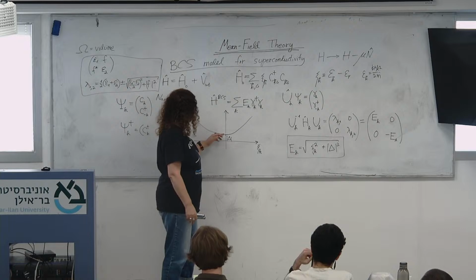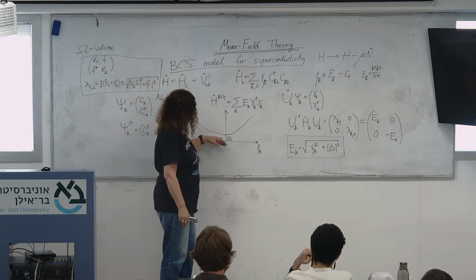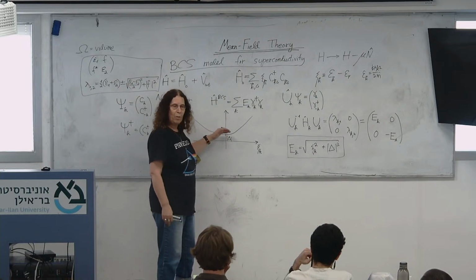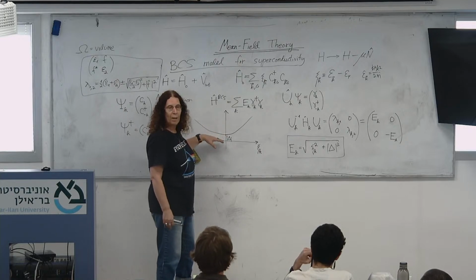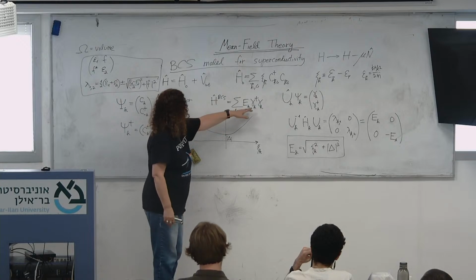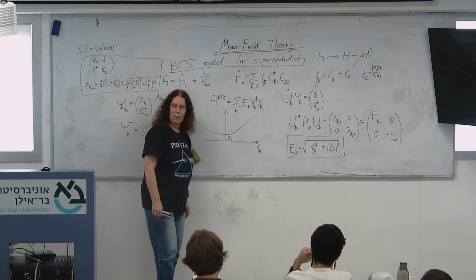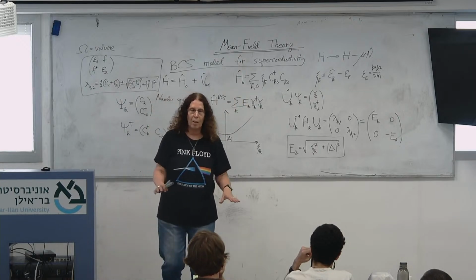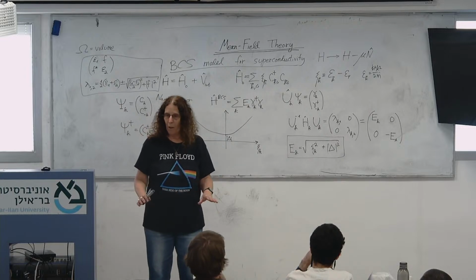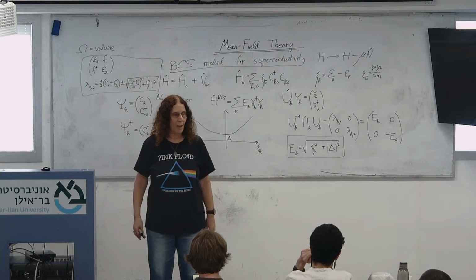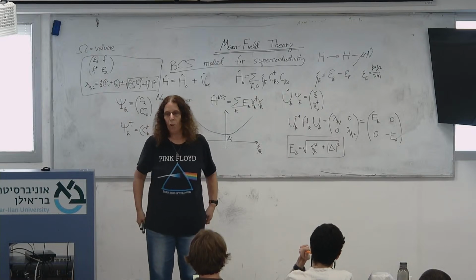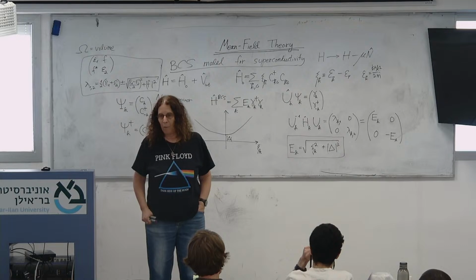The meaning of that is that as long as you cool the temperature below the scale that corresponds to this delta, you don't get excitations. You basically get a ground state that is stable, unless you somehow excite it; there is a threshold to excite above it.